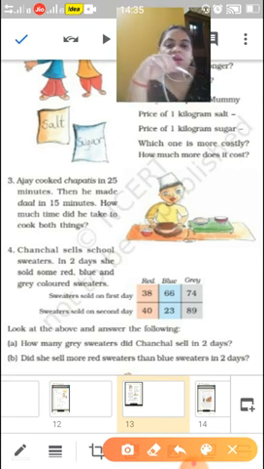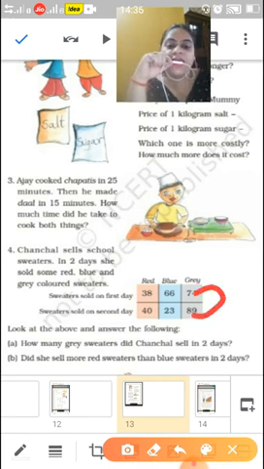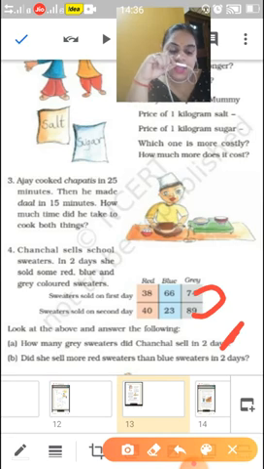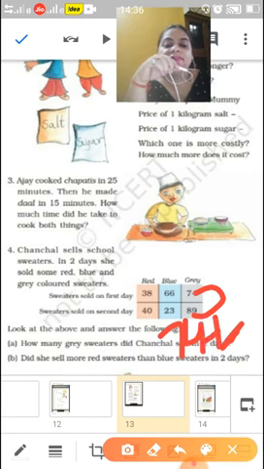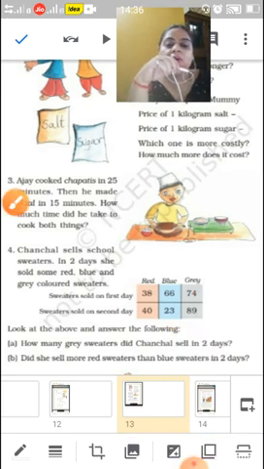So children, today, how many total sweaters did she sell? You will do here 74 plus 89, and your answer will come. You will add 74 plus 89 and write down the answer. Okay children. Now B part.